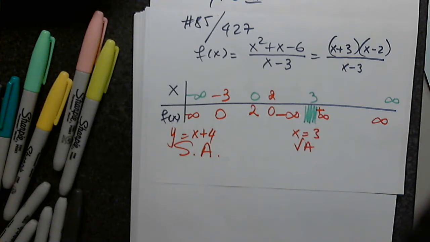So negative infinity crosses at negative 3, 0, crosses the y-axis at 0, 2, crosses again the x-axis, and goes towards negative infinity on the left-hand side of the vertical asymptote. One more time. From approaching the slant asymptote towards negative infinity, it's coming up, crossing at negative 3, 0, crossing the y-axis at 0, 2. I don't know where it turns, but it must turn because it crosses again at 2, 0, and it goes towards negative infinity on the left-hand side of the vertical asymptote.